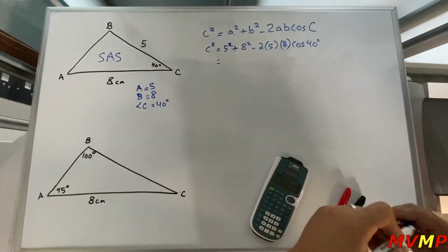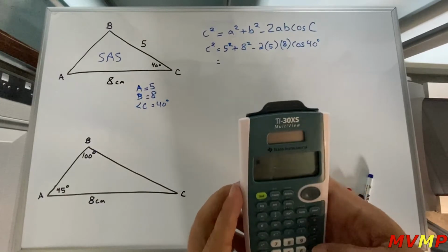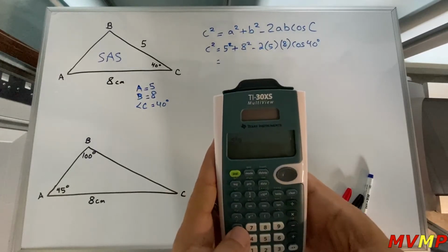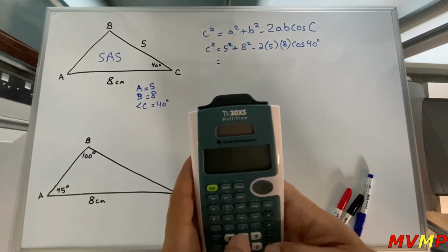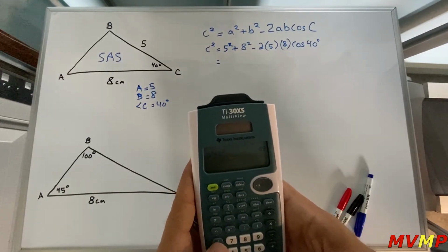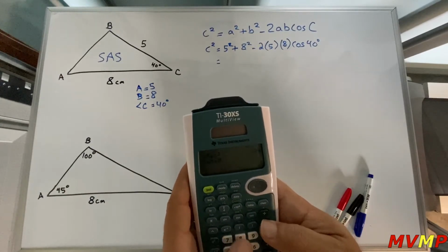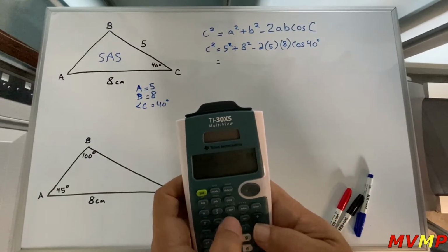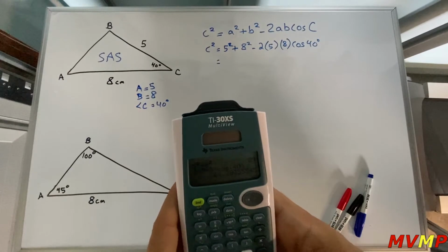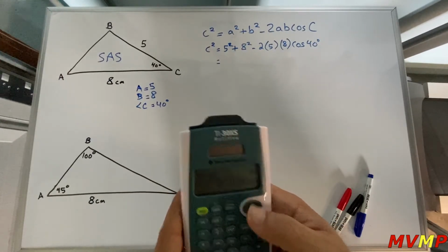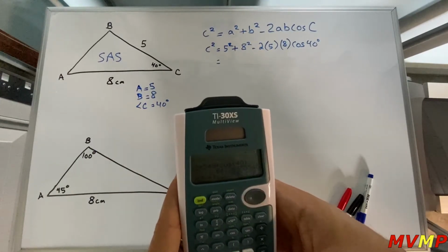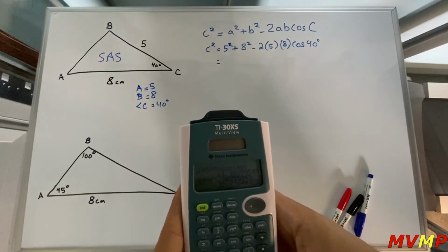So doing this on the calculator, it will just be 5 squared plus 8 squared, and I set that, and then 2 times 5 times 8 times cosine of 40, and I get that. So then what I do is I take this and I subtract it from this, and we get 27.